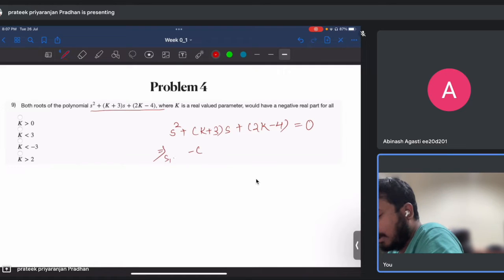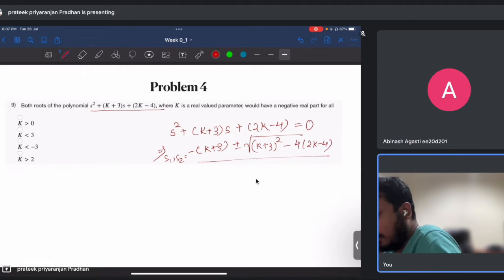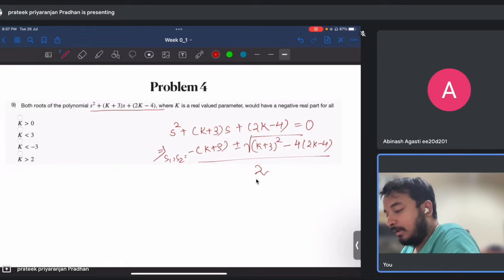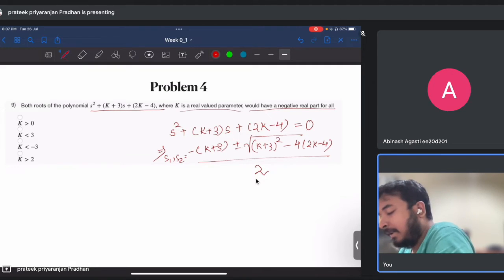So s1, s2 is equal to minus (k plus 3) plus or minus square root of (k plus 3) whole square minus 4 into (2k minus 4), whole divided by 2. The question is, where k is a real valued parameter, would have negative real part for all.